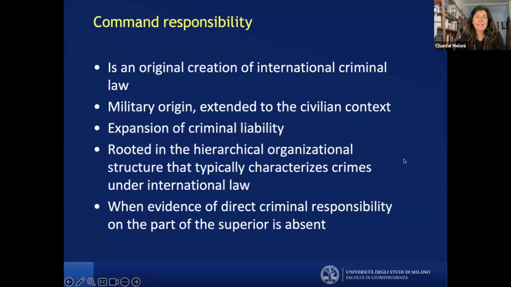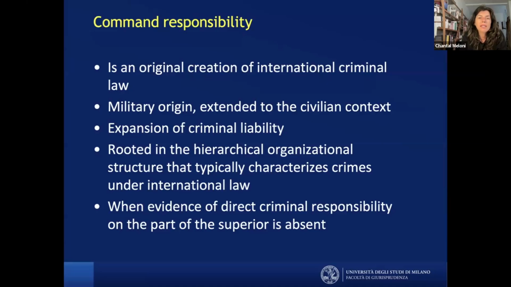So why is this mode of liability so important for the topic of today? First of all, it is really embedded in the military structures. It is one of the original creations of international criminal law that comes directly from international humanitarian law.